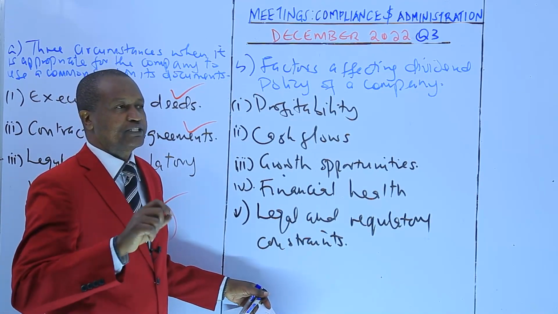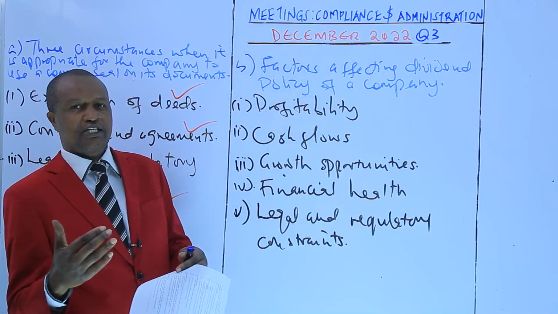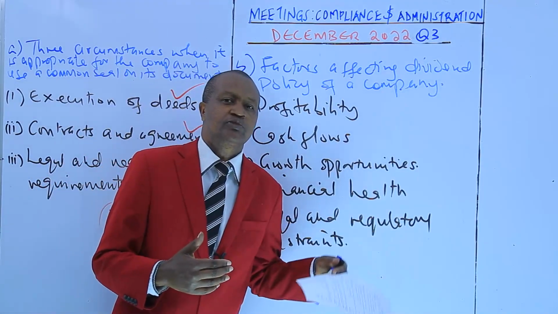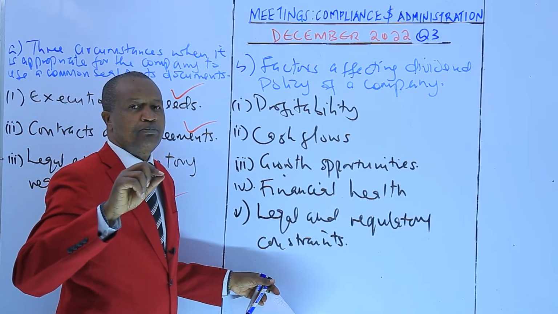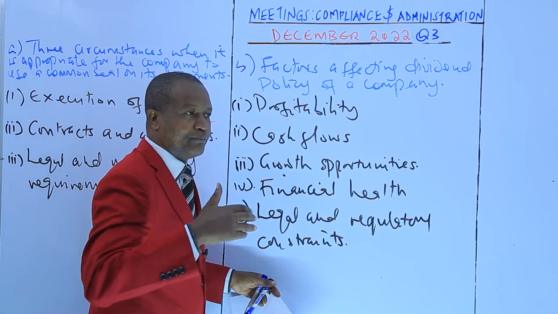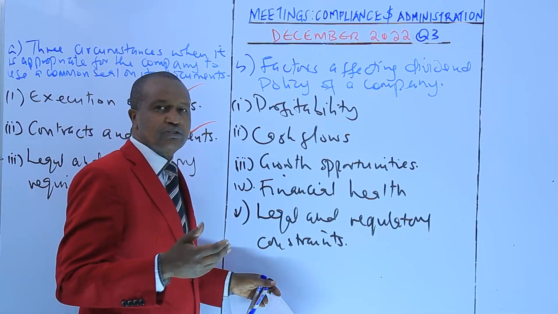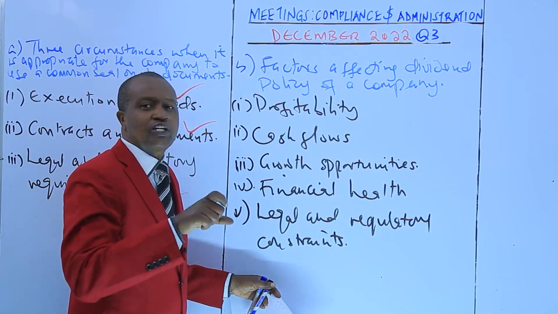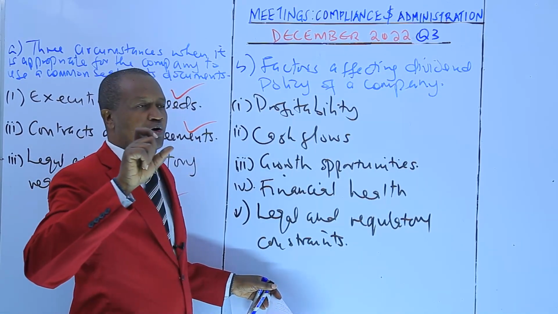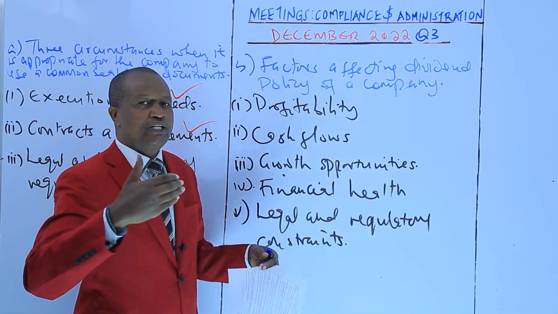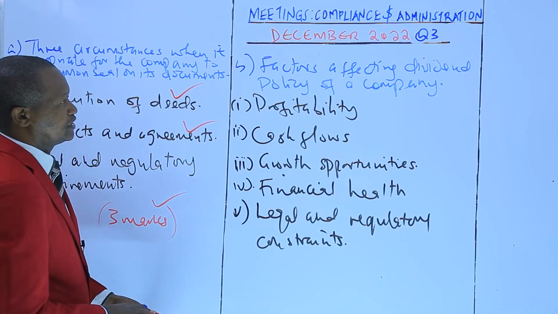Companies may be subject to legal or regulatory requirements related to dividend distributions, and such restrictions imposed by, say, company law or financial regulations, or even sometimes contractual obligations, may limit the amount or even the timing of dividend payments. So these are 5 factors.